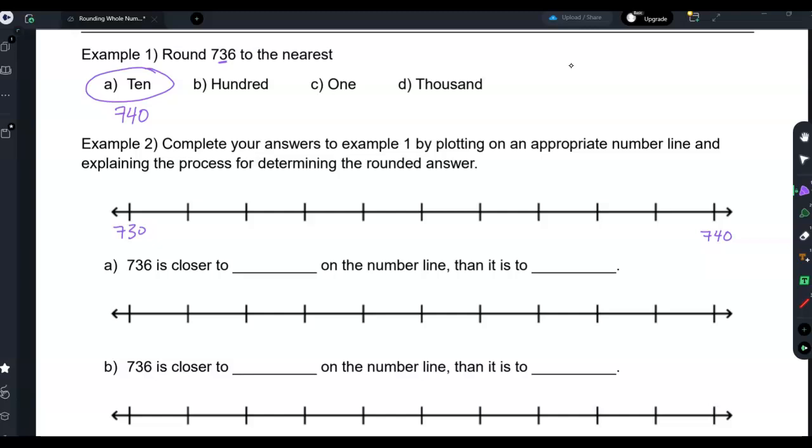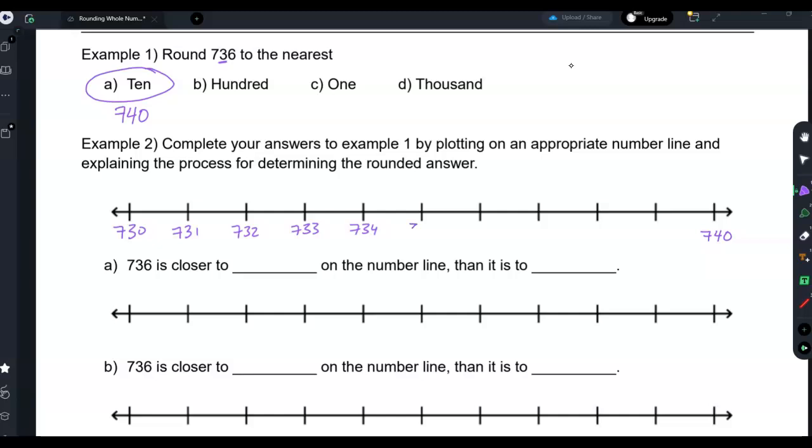That's going to be different for parts B, C, and D because the end ticks will be different depending on what I round to. Since I'm rounding to the nearest 10, it's 730, 740. I'm going to go ahead and put the labels on the other tick marks here. So if this is going from 730 to 740, then this would be 731, 732, and so on.